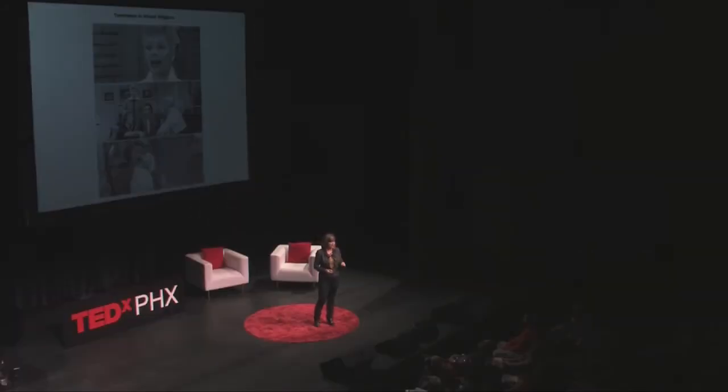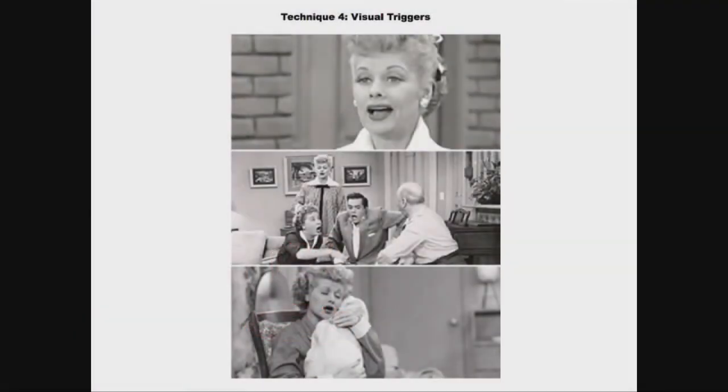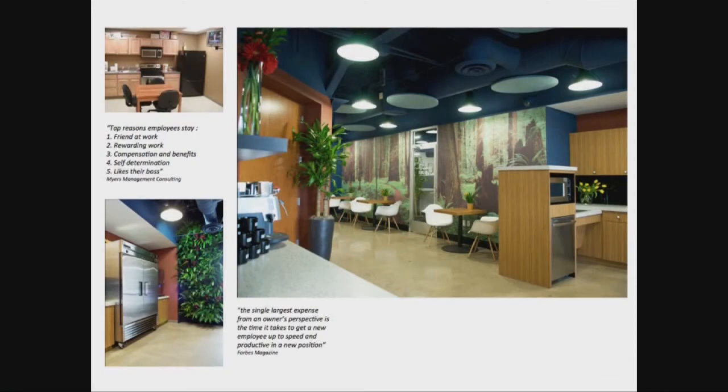The last technique is the idea that there are visual triggers that will tell you about the space, and set designers know this. The set designers for Lucy tell you something about her and her family's aspirations by the decor of her apartment. This is a technique that I used in this project. If you notice the lunchroom on the upper left, I pulled this image off of Google.